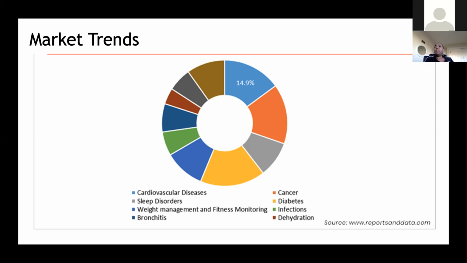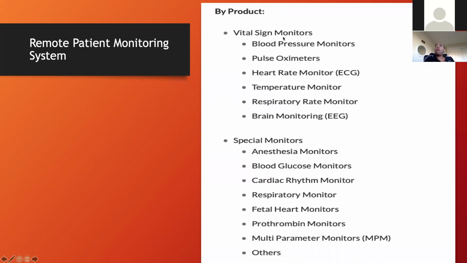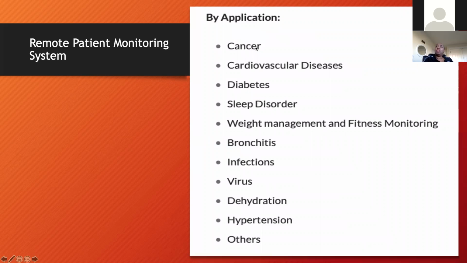My mom was a cancer patient, and there are a lot of things that they suffer from, both mental and physical, pharmacology things too. So by product, areas that you could research more and see what draws you: vital signs, blood pressure, pulse ox as an example, special monitors, cardiac, respiratory, fetal heart monitors, prothrombin, that's for blood clotting. By application, like I talked about, whether it be cancer, viruses.